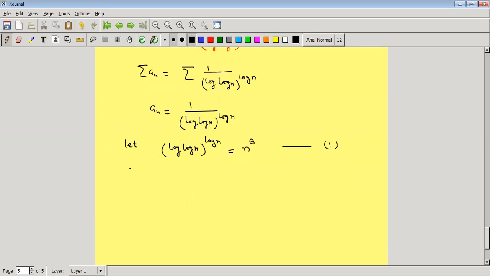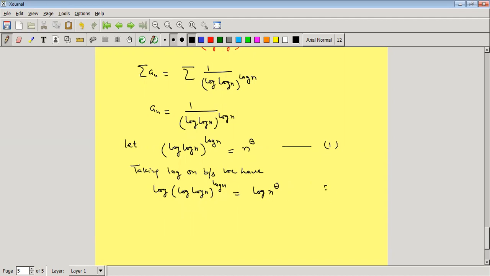Taking log on both sides, we have log of (log n)^(log n) equals log of n^theta.